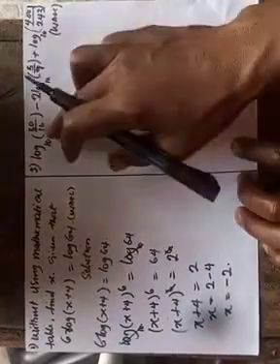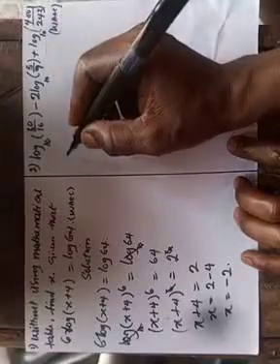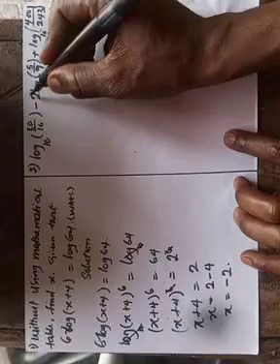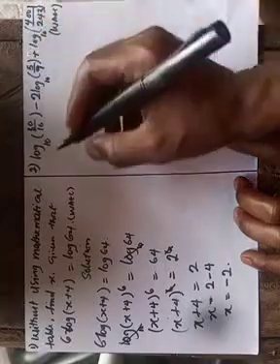Then question number 2, we have this. So what should we do? We should rewrite this, but mind you, we have something here that's 2. We can take it as power of this, so everything will be in the same log.